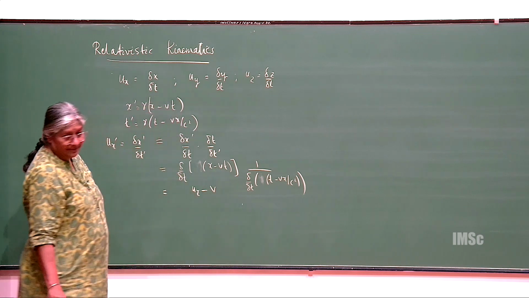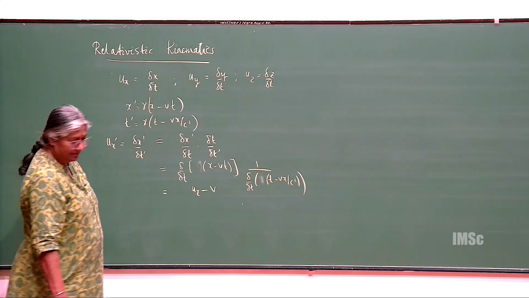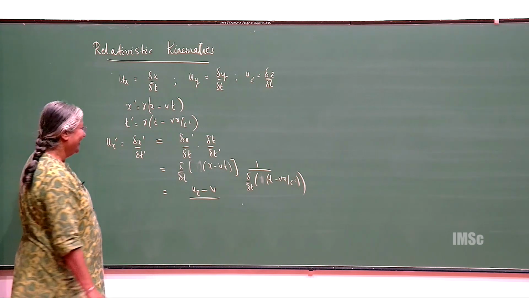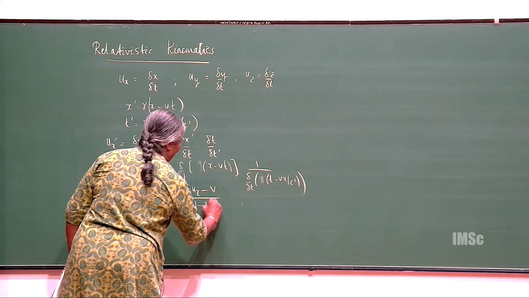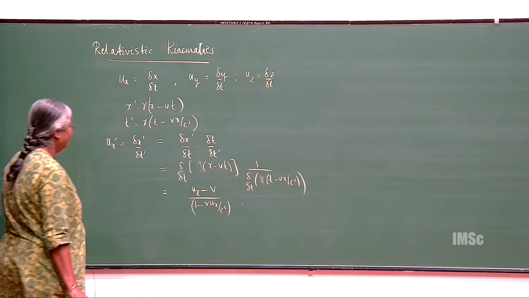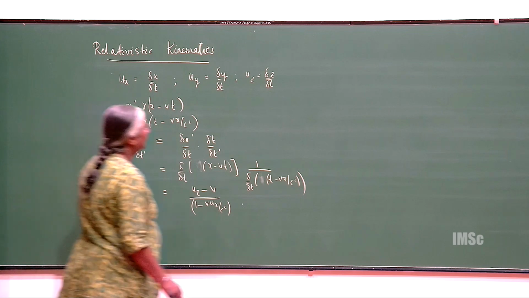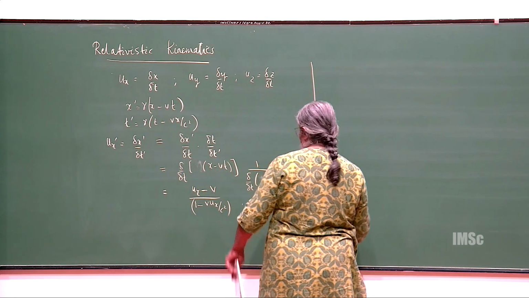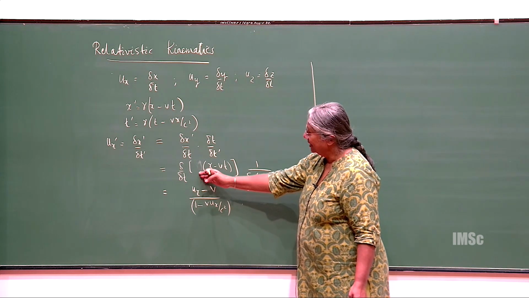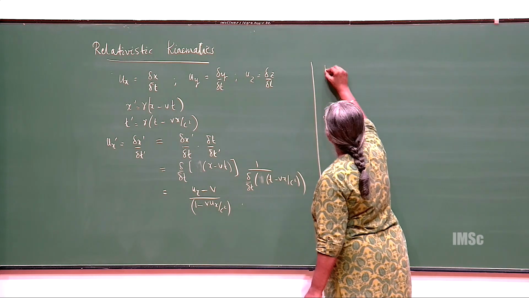What is delta t by delta t? This is higher mathematics, right? So what do you have? 1 minus v ux by c squared. I am not going to burden you with the remaining steps. Let us just write one more step.